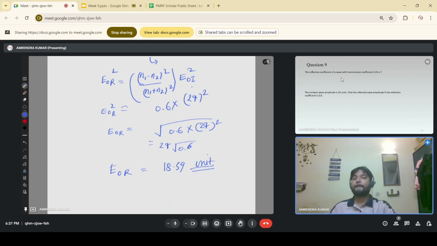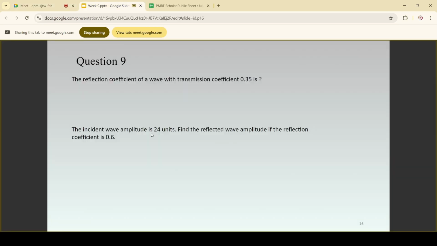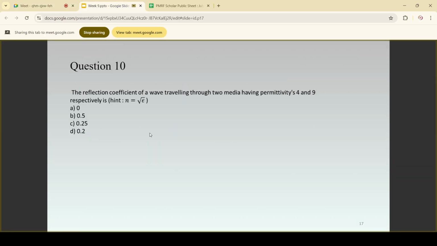Okay. Now the next question is: the reflection coefficient of a traveling wave through media has permittivity of 4 and 9. So calculate the reflection coefficient.